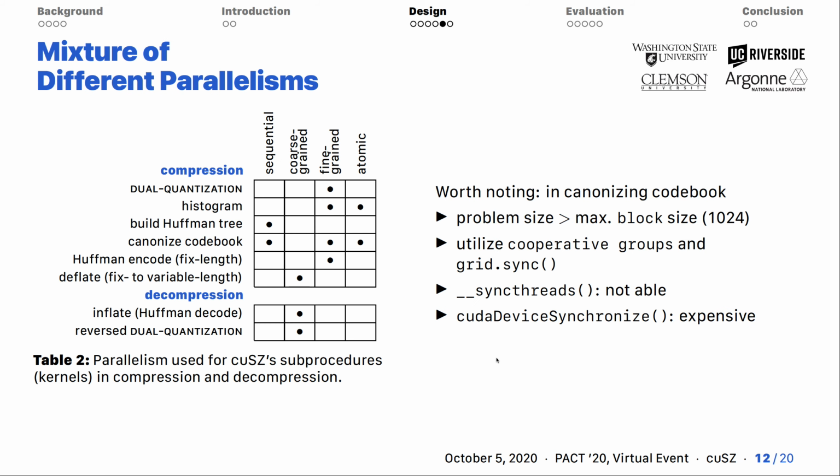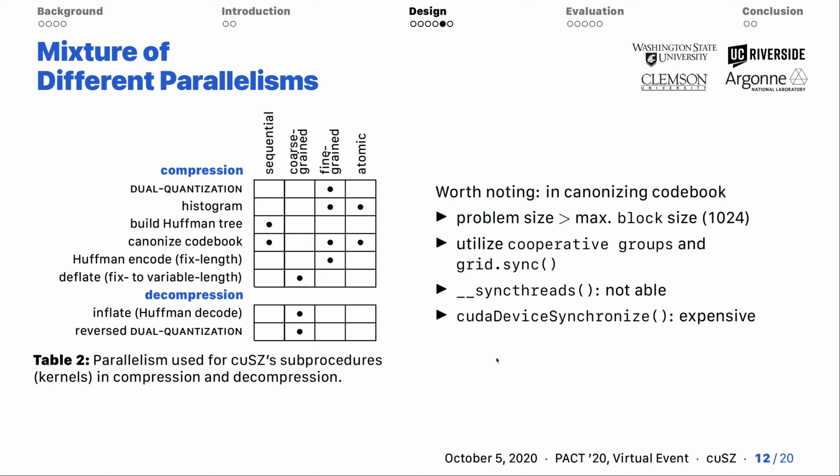So the whole application is a mixture of different parallelisms, and it includes sequential, coarse-grained, and fine-grained parallelization, and hardware-supported atomic writes. It's worth noting that in canonizing the codebook, we can see the problem size exceeding the maximum allowed thread block size, which is 1,000.